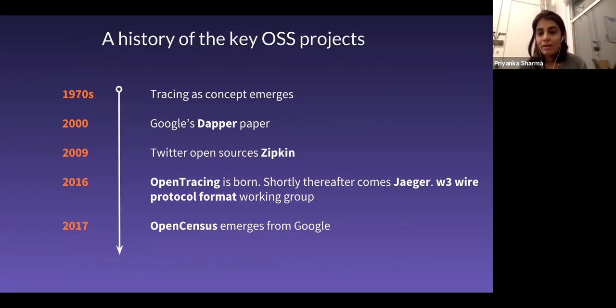OpenTracing, I was part of it since the very early days, and I think it really changed the tracing landscape. And I am biased because I've been part of it, but the reason I think it has really changed the tracing landscape is because it shed light on the real problem, which was that who has time to instrument all of their code?